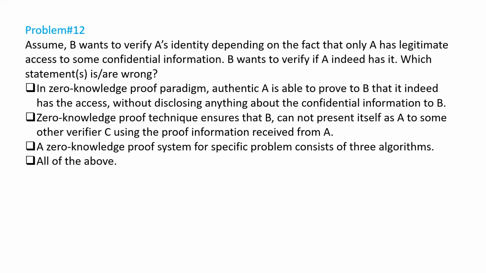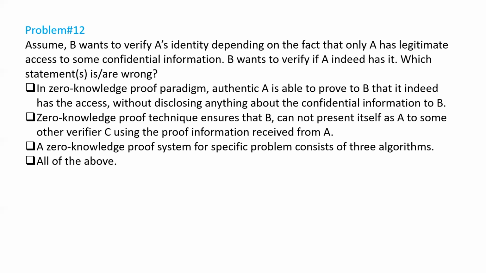So the prover does not trust the verifier, but the prover has to prove that it indeed has access to the confidential information without leaking any data about it. That is where zero knowledge proof comes in. And so the statement here says that in the zero knowledge proof paradigm, authentic A is able to prove to B that it indeed has the access without disclosing anything about the confidential information to B. That is the whole purpose of zero knowledge proof. So the first statement is correct.